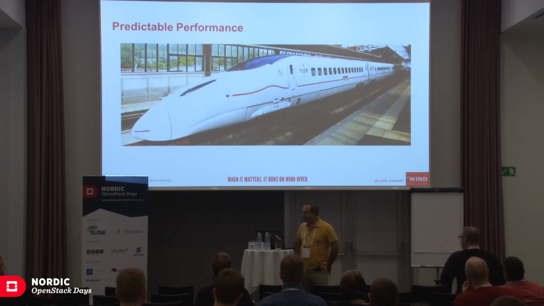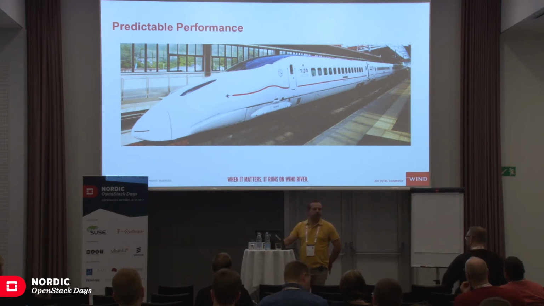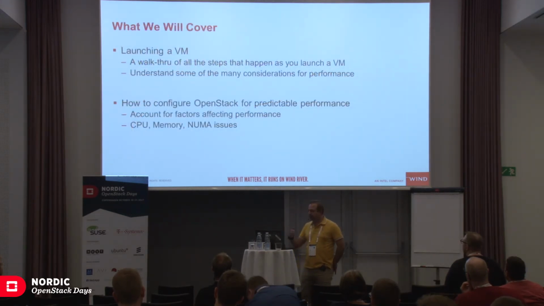Today, as my colleague said, we are going to talk about performance and how we can get the performance we need for these critical solutions, where both telecom and other companies require a lot of performance and at the same time low latency. In order to do that, we need some background.